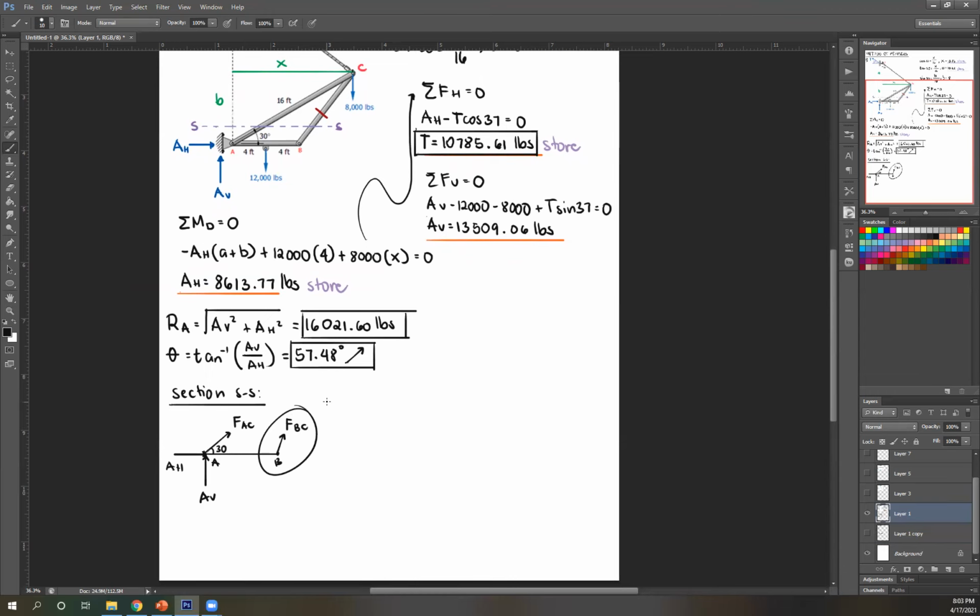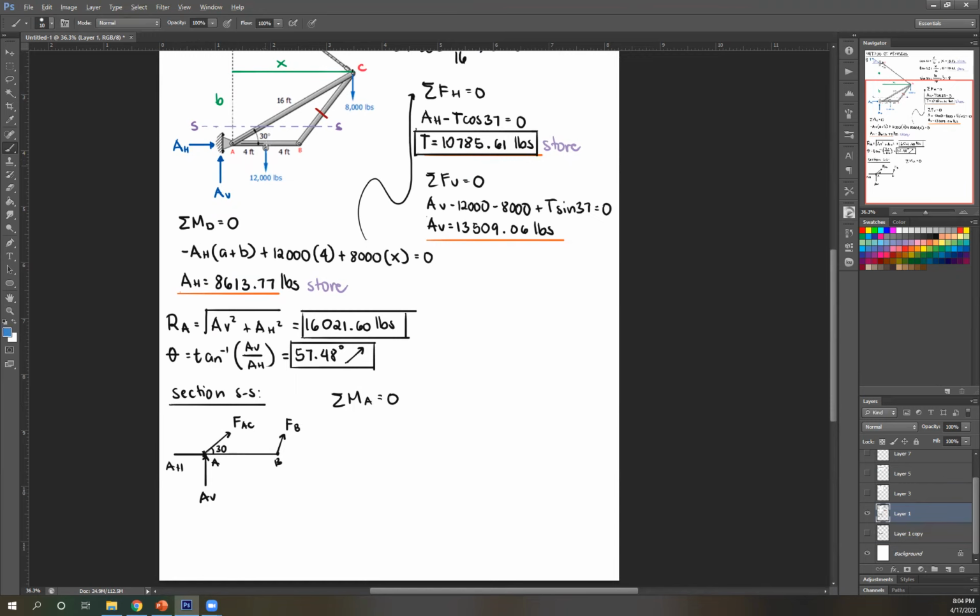Remember, for method of sections, the goal here is to figure out at what point do the other unknowns pass through, so that if I take a moment there, the only unknown now is what we're looking for. So looking at this drawing, I should take moment at A because FAC, AB, and AH pass through point A. So summation of moment at A equals 0.